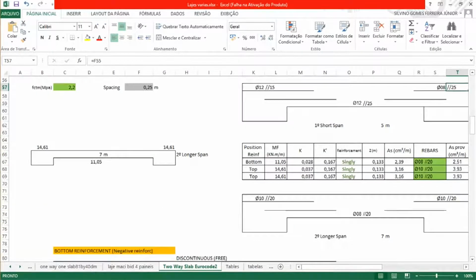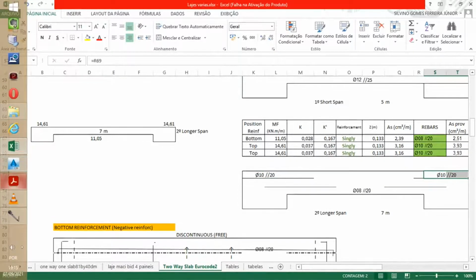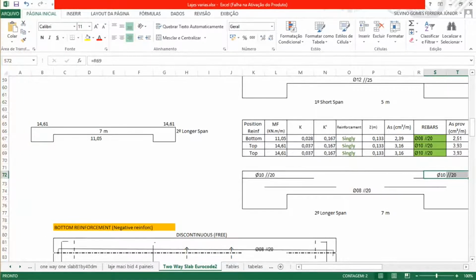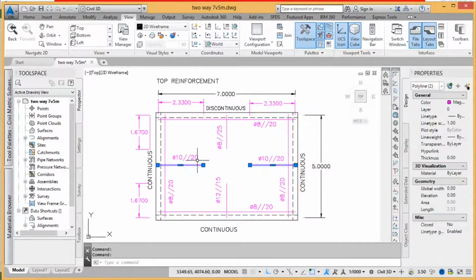So here on the longer span, on the top the reinforcement will be diameter of 10 spaced by 20, and the other side the same. Diameter of 10 spaced by 20 cm, and the other side too.